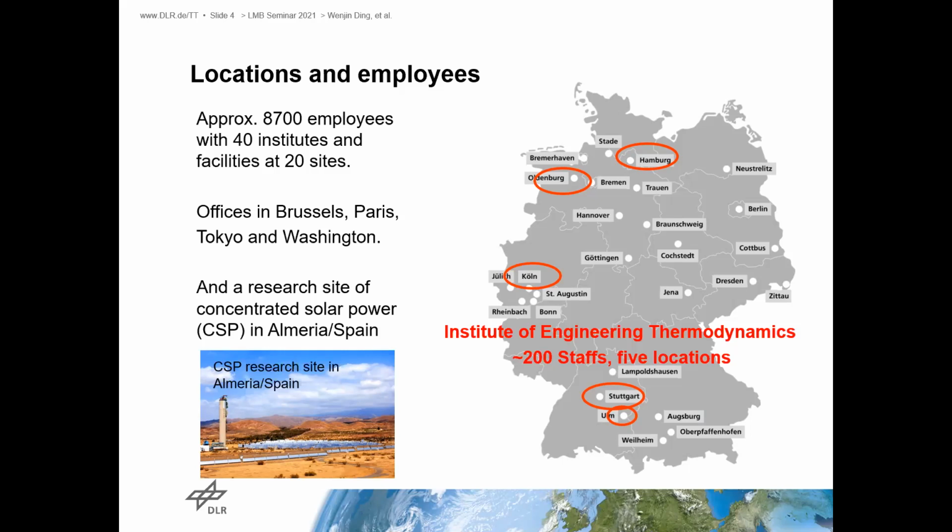That is really related to our research, because molten salt electrolyte storage technology has been used in CSP technologies. Our institute has about 200 staff and 5 locations. I'm working in the main location in Stuttgart.